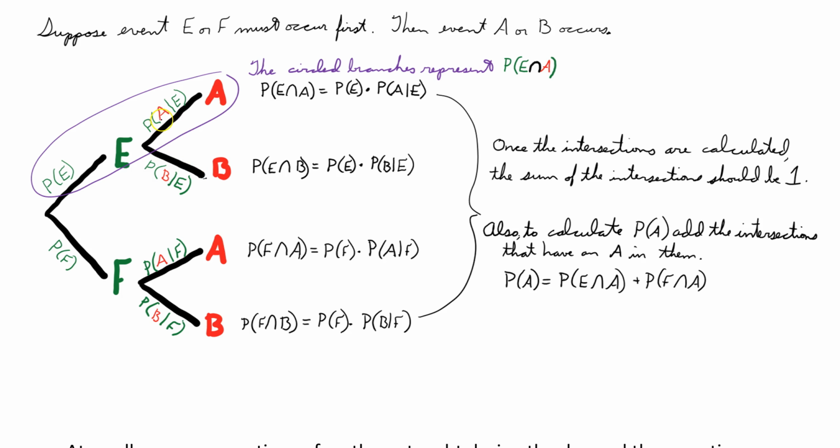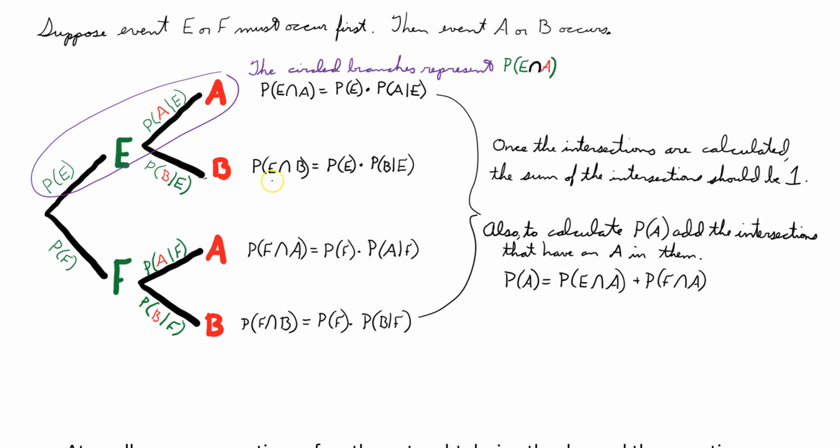The probability that is listed on the branch up to A actually represents the conditional situation, the probability of A given E. When we multiply the probability of E with the probability of A given E, we have the result, probability E intersect A. So when we multiply the two branches, we get the probability of E intersect A. Coming down to this branch B, this is the probability of B given E. So E occurred first, you had to go up E first, and then event B occurred.